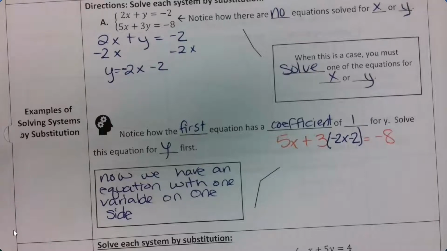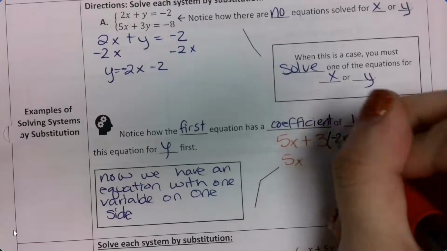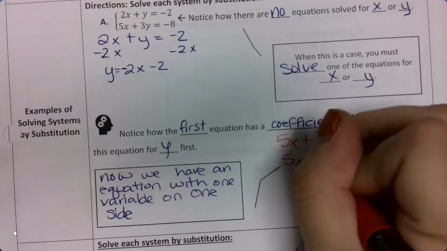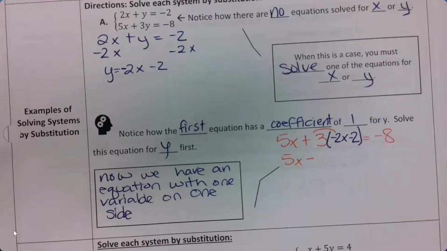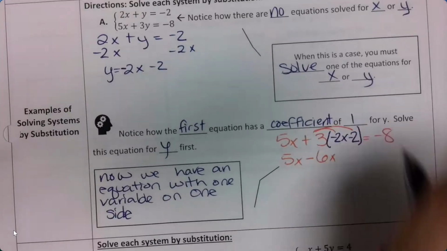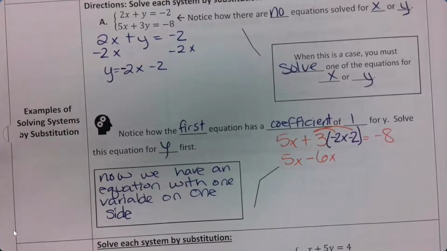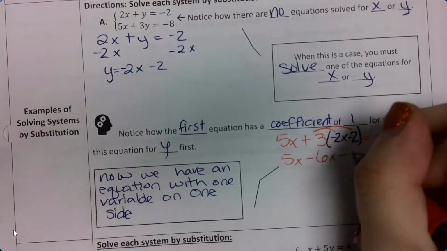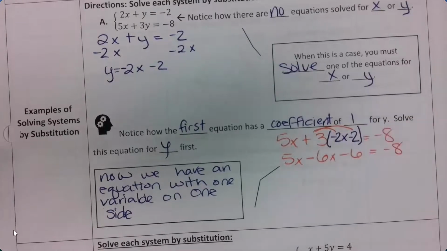Okay, then what do I want to do? Distribute. So I had 5x. What's 3 times negative 2x? Negative 6x. And it's still equals negative 8.